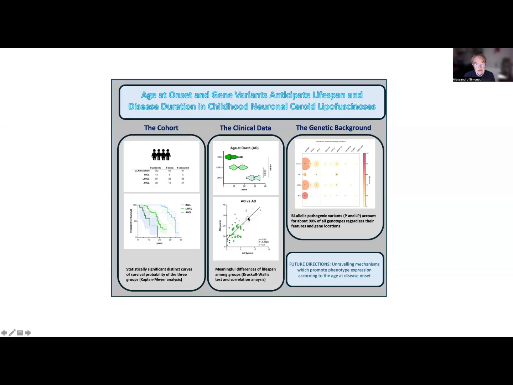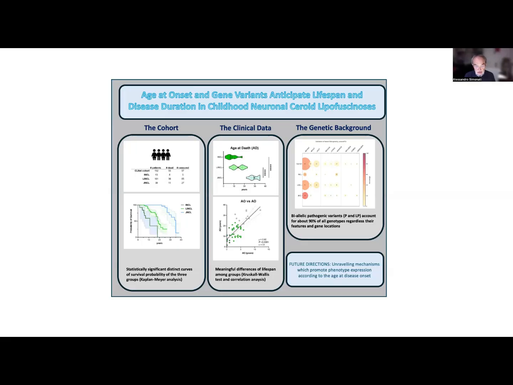Meaningful differences of lifespan among groups and distinctive features within each group were detected, as well as high correlation of the clinical parameters, such as onset and age at death, as shown in the mid-column slides.